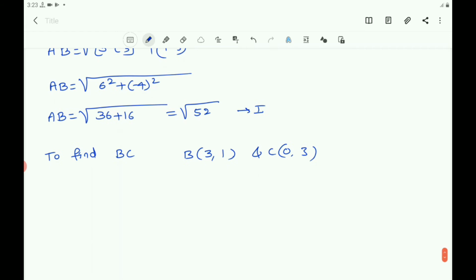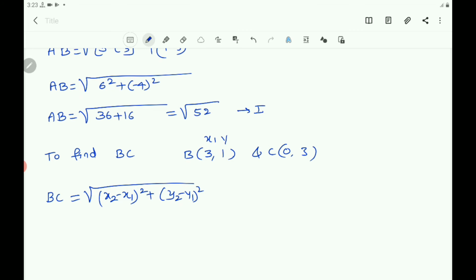So you take the distance formula to find BC, right? BC equals square root of x2 minus x1 whole square plus y2 minus y1 whole square.